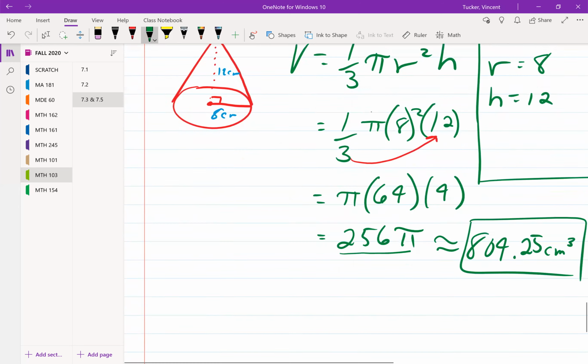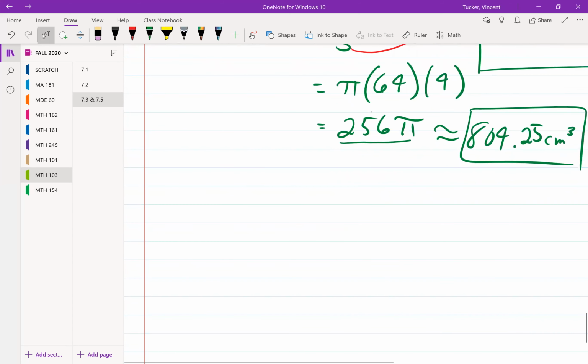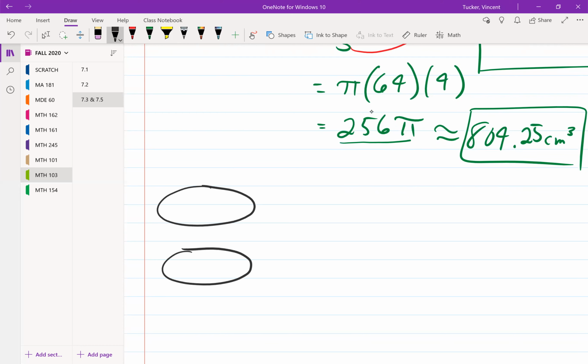All right. If I have a cylinder with height 4 meters and 6 meters.